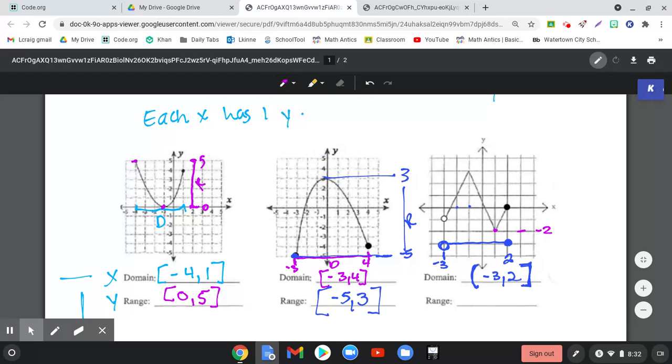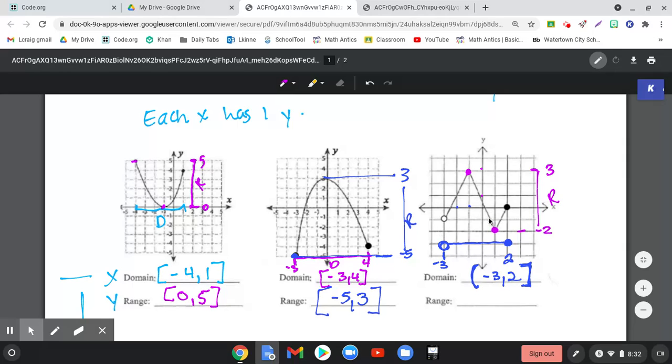Now, it does actually hit -2, so that's a closed circle. And the highest point is up here at 1, 2, 3. It also hits there. There's something hitting at every single point along there, so those are both going to be brackets. You only needed the parenthesis on this -3.